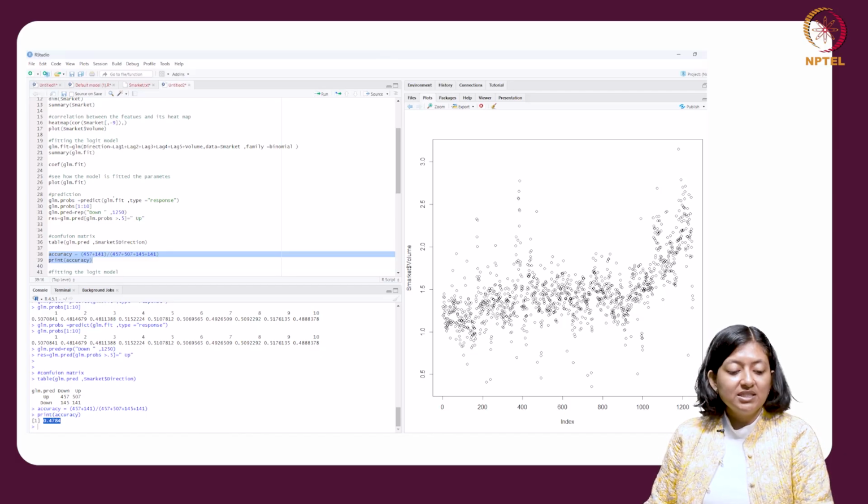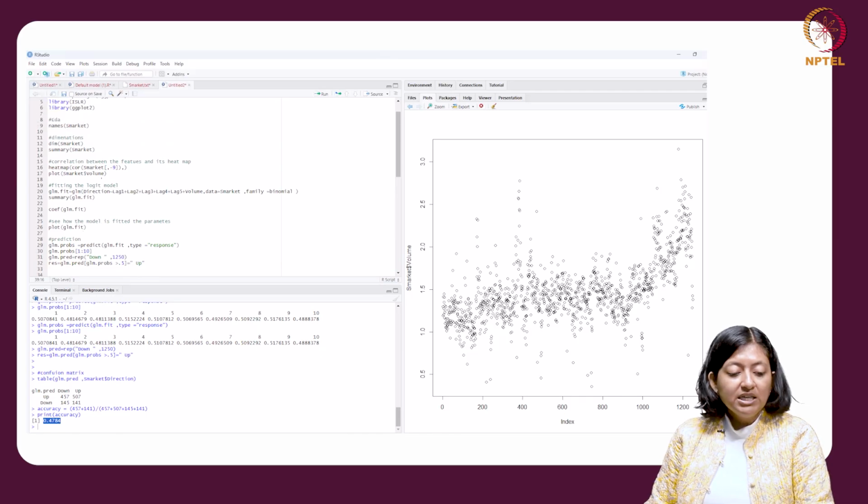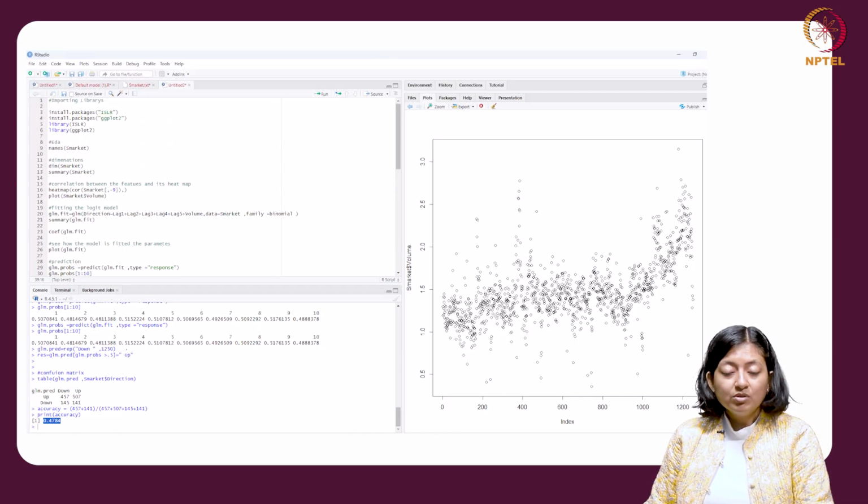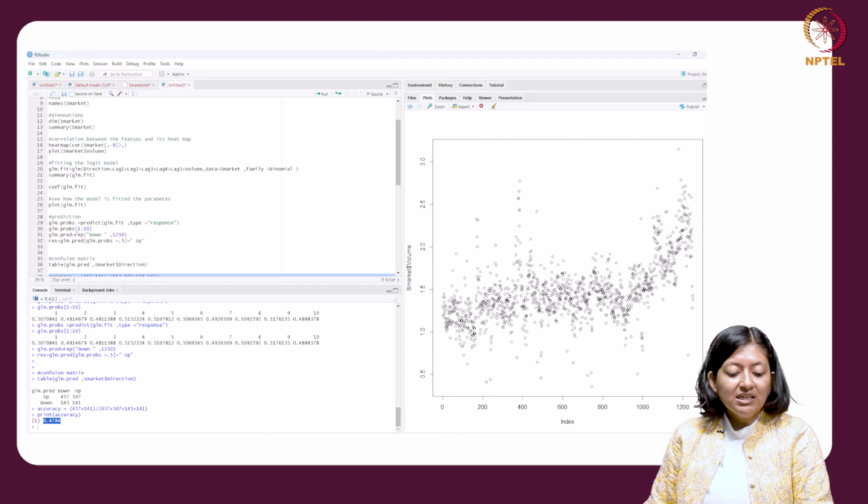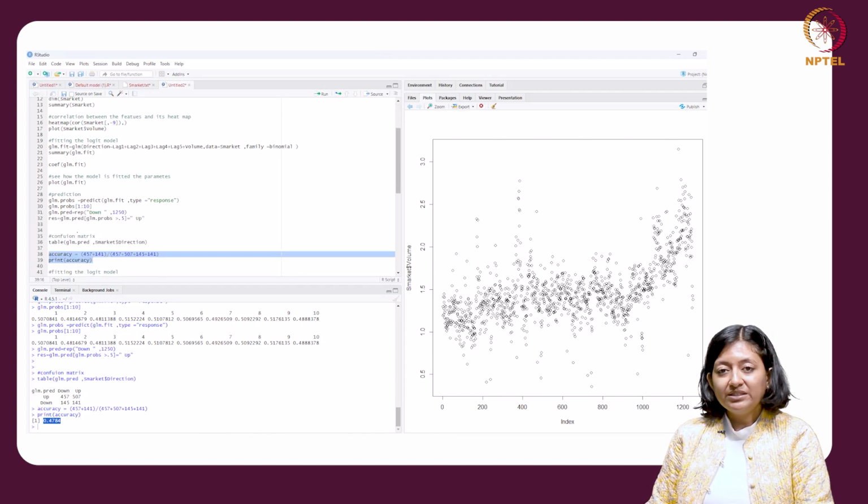So as you can see, this particular model using the p-values also did not give us very significant results. Looking at the null deviance and the residual deviance difference also, this model did not seem to be a significantly useful model, and from the accuracy point of view also, accuracy doesn't seem to be very high.